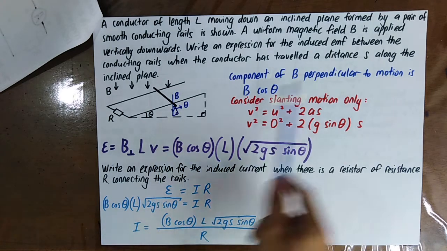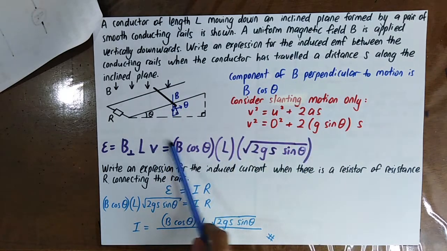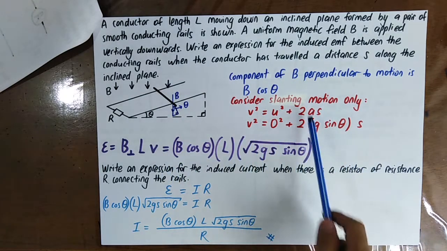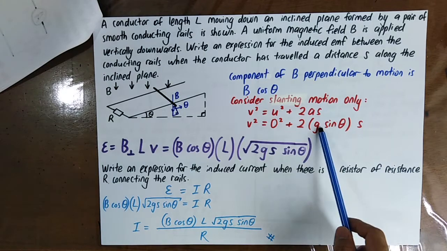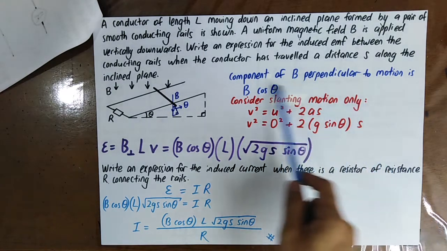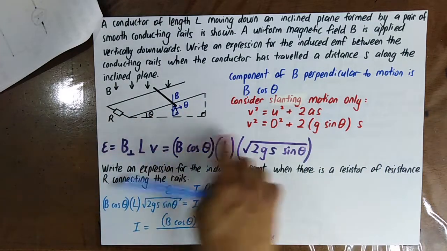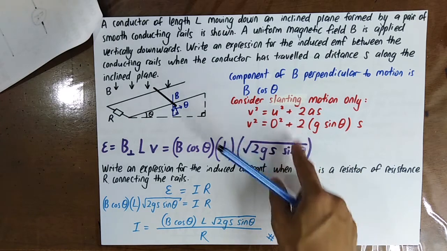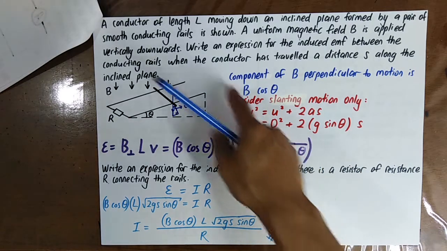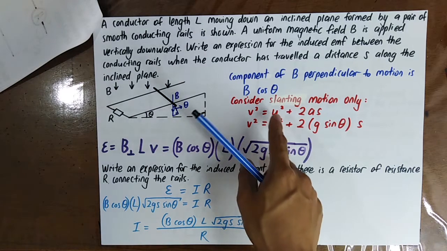You are not given V in the question, so you have to express V in terms of the variables given in the question or some constants. If you consider the motion along the inclined plane, V squared equals U squared plus 2as. U is the initial velocity, and the conductor starts from rest, so the initial velocity is 0.